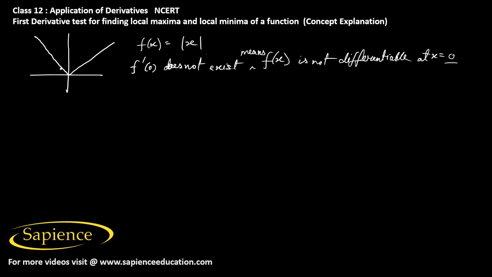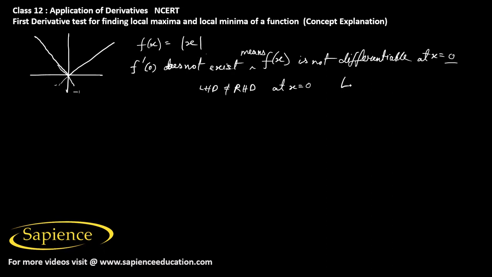Why? On the left hand side, the slope is -1, and when we take a value slightly greater than 0, the slope is +1. So the left hand derivative is not equal to the right hand derivative at x equal to 0.